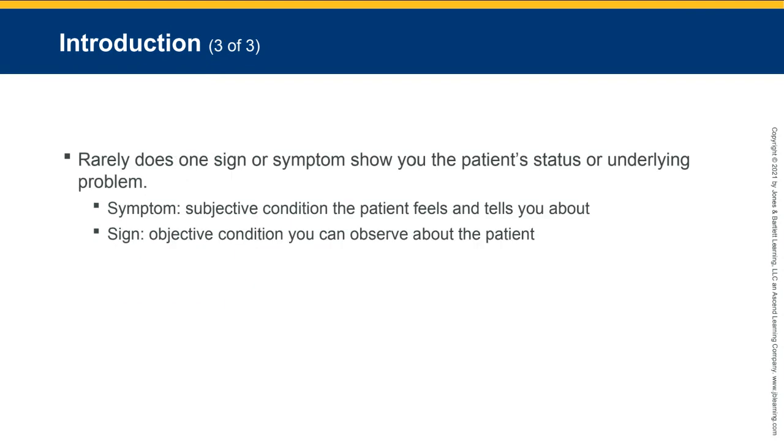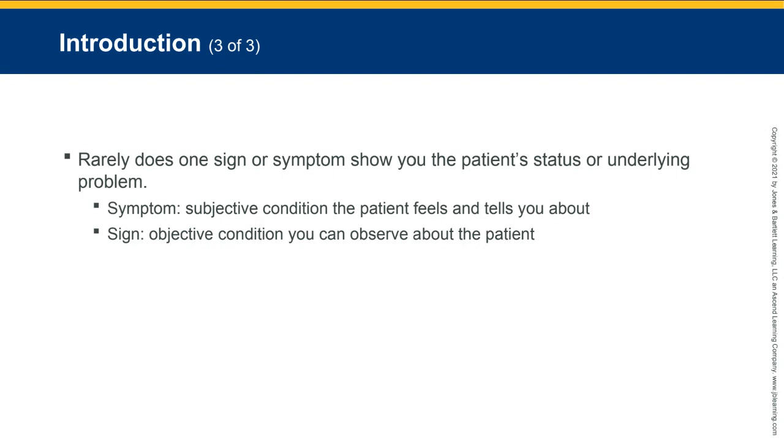Rarely does one sign or symptom show the patient's status or underlying problem. As an EMT, you need to know the fundamental difference between a symptom and a sign. So symptoms are subjective conditions the patient feels and tells you about.